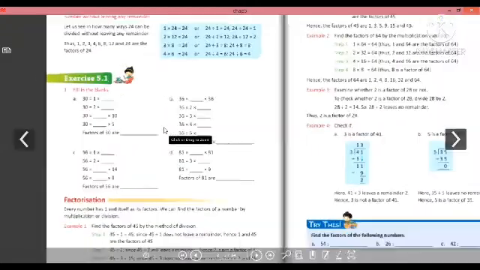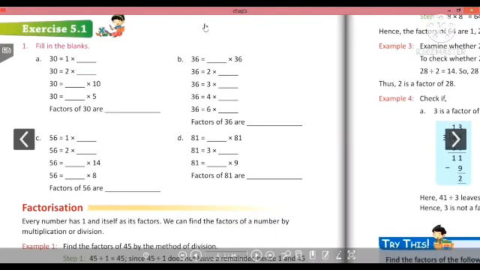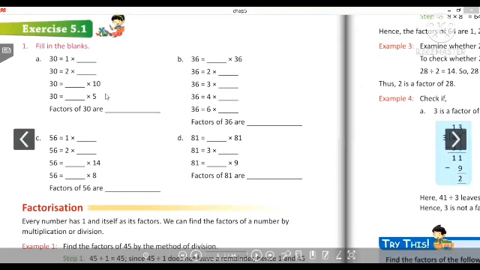So now next, what we have is exercise 5.1. So we have to fill in the blanks. So now first one, 1 into 30, right? 2 multiplied by 15. Now you will say कि मैम आपको कैसे पता कि यहाँ 15 आएगा, राइट? तो आप क्या कर सकते हो, इस फैक्टर से 30 को डिवाइड कर सकते हो.